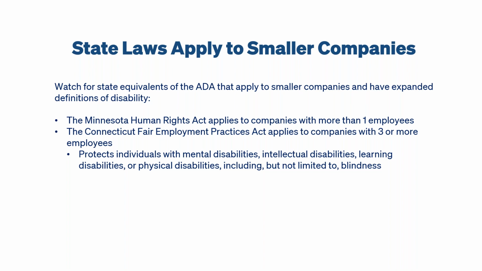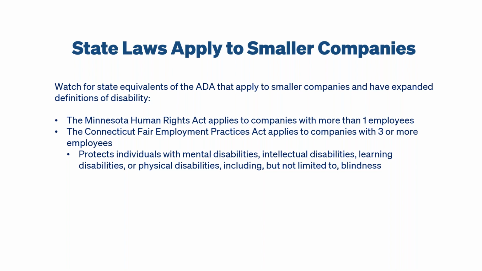So even if you're not covered by the ADA, the chances are good that you're covered by a state equivalent that is also going to prohibit discrimination against someone on the basis of disability, and is also going to require you to provide a reasonable accommodation to allow that person to participate fully in employment.